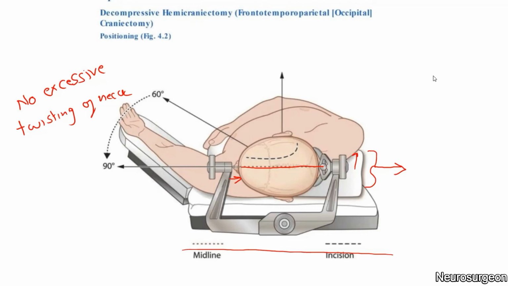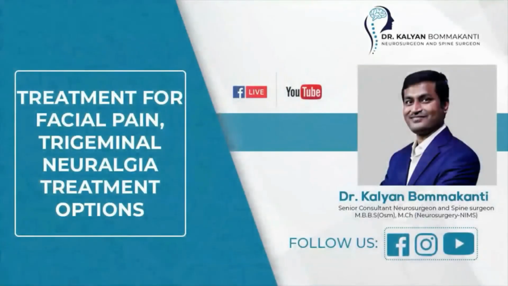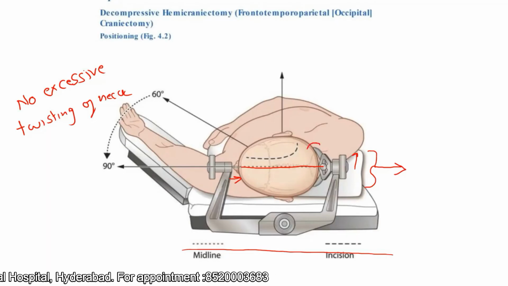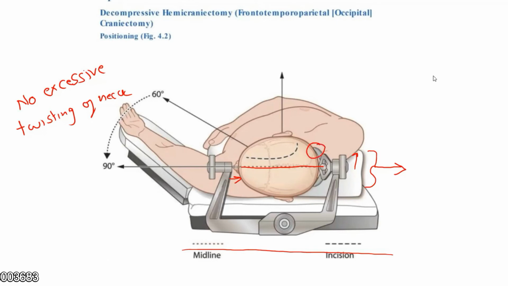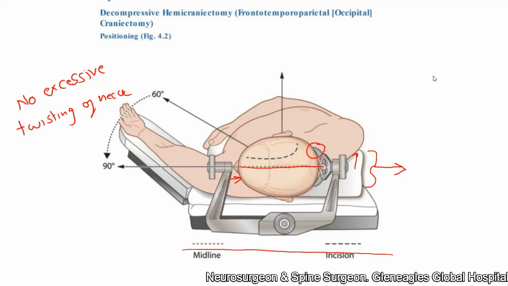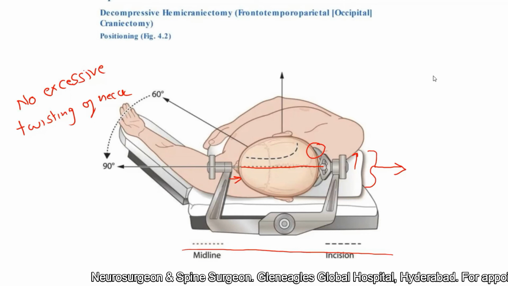And they should be above the transverse sinus, because below the external occipital protuberance corresponds to the transverse sinus, the occipital bone. And one more thing: ensure that this pin is as away from the incision site as possible. If it is too near to the incision site, it may compromise the posterior extent of our incision.